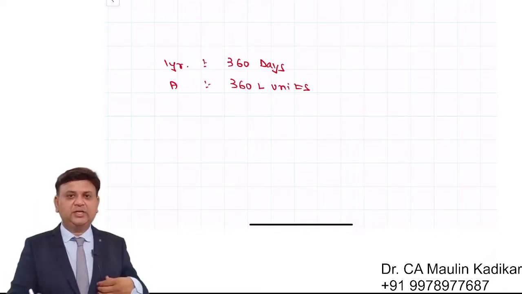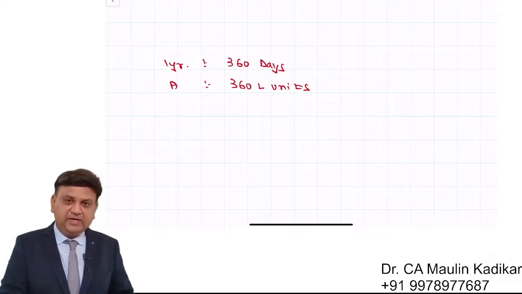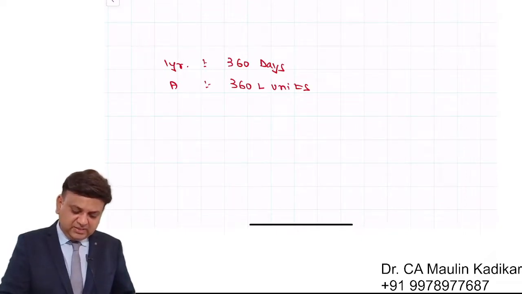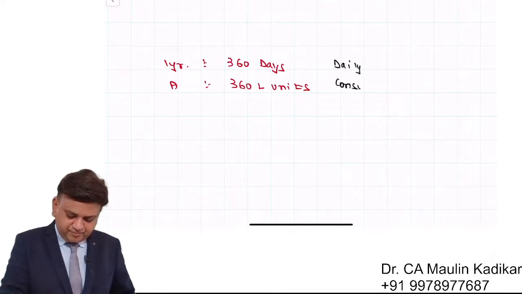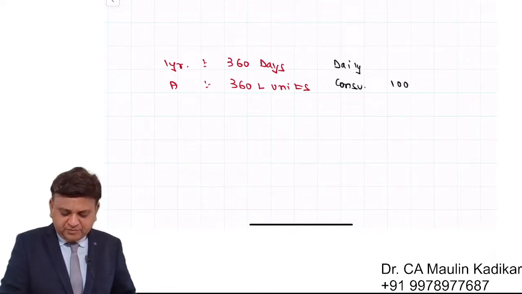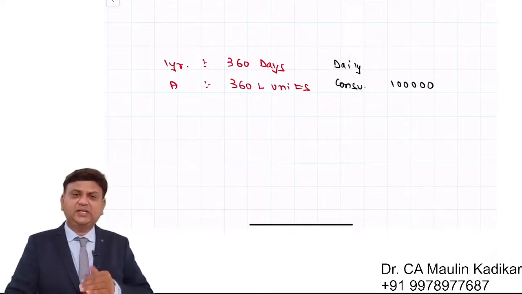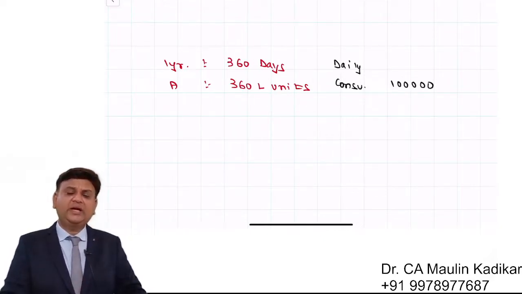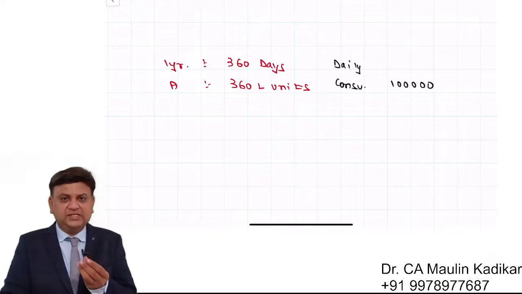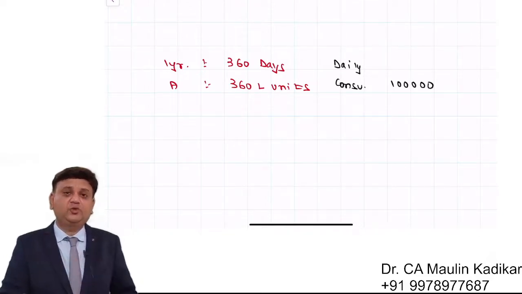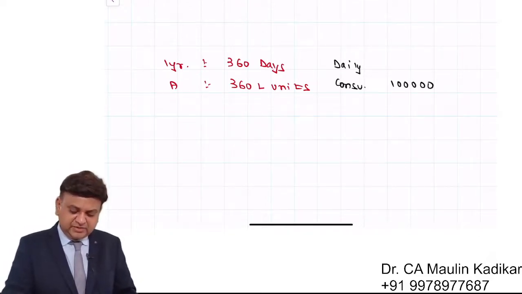So we have a daily consumption of 1 lakh units. The assumption is made that there is a daily consumption of 1 lakh units in a way that the consumption is evenly spread throughout the year. That is the kind of assumption made.